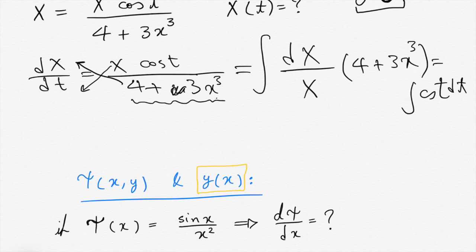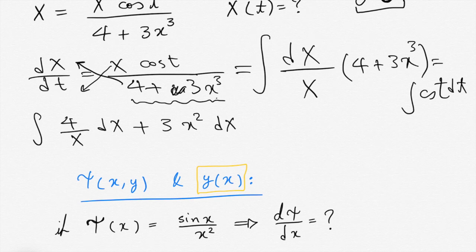Again, I take the antiderivative of both sides. Therefore, I have the integral of 4 over x dx plus 3x^2 dx, can write all of them big, equals the integral of cosine of t dt, right?